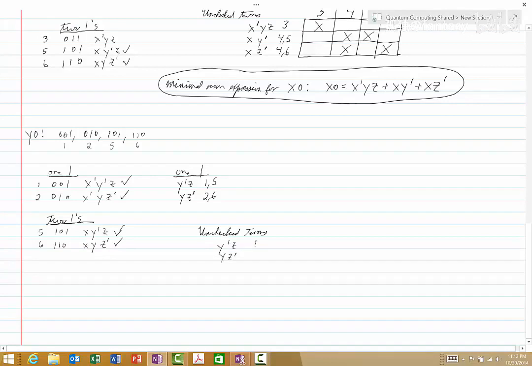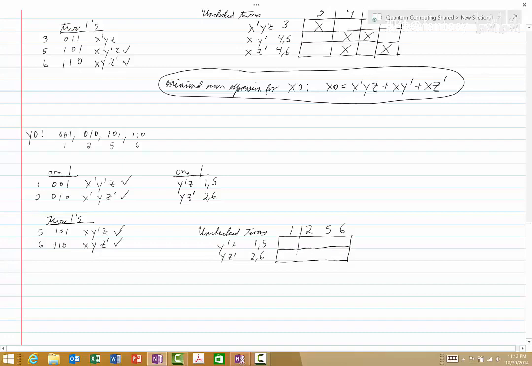Y prime z is 1, 5. Y z prime is 2, 6. And now we list horizontally the terms in the YO function, which are 1, 2, 5, and 6. And you can see that in these cases, the Quine-McCluskey method is not so bad.